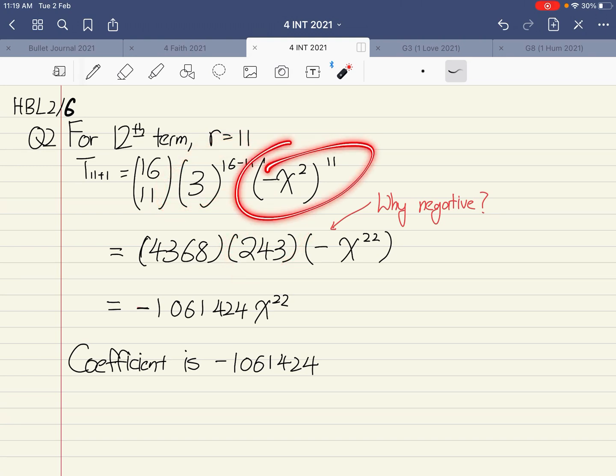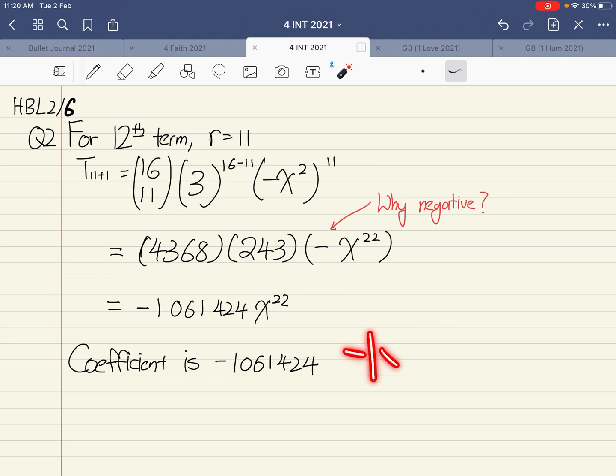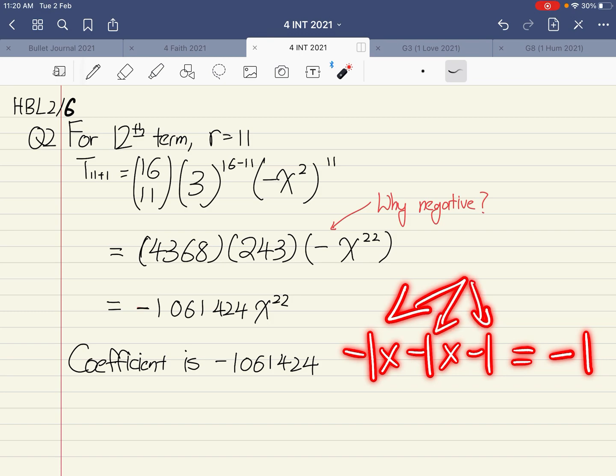When I open this, 2 times 11 will give me 22. Notice that my term, negative x squared, here is negative. Why is it negative? Think for a moment, why is it that this term in x still remains negative? The answer is this. Negative 1 times negative 1 gives you positive 1. If I take negative 1 times negative 1 times negative 1, I get negative 1. Notice that the number is odd down here.